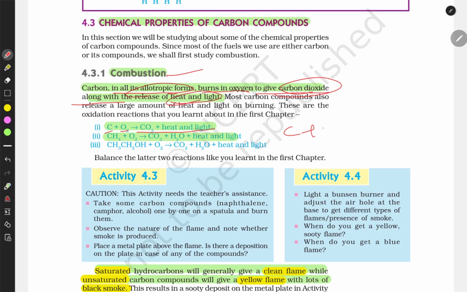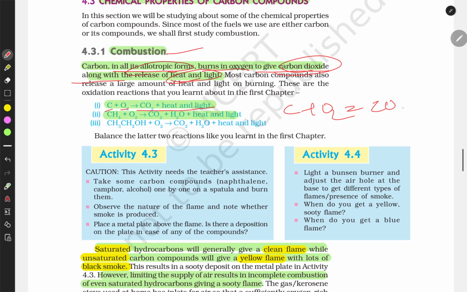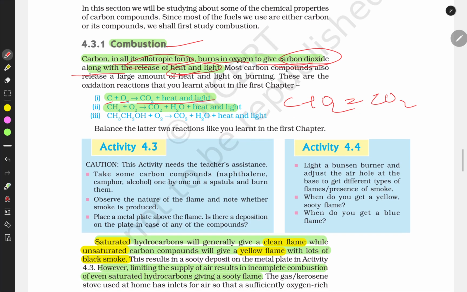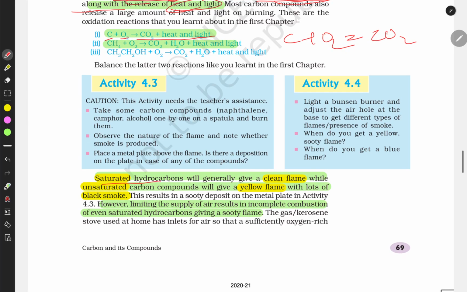Simply, carbon plus oxygen gives carbon dioxide. A saturated hydrocarbon will generally give a clean flame, while an unsaturated hydrocarbon will give a yellow flame with a lot of black fumes. However, limiting the supply of air results in incomplete combustion even in a saturated hydrocarbon, which gives a sooty flame.